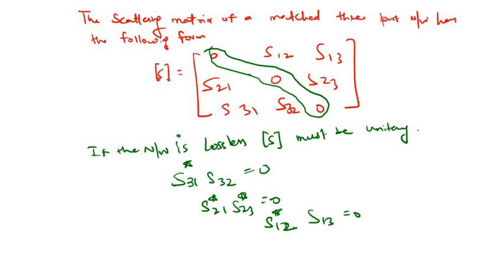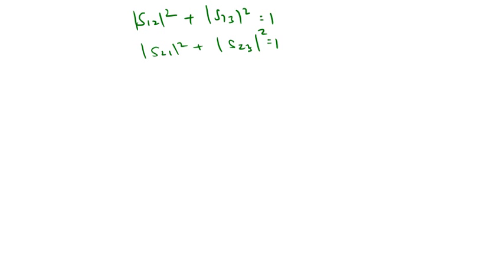These three equations are there, and also we should have modulus of S12 square plus modulus of S13 square equal to 1. Modulus of S21 square plus modulus of S23 square is equal to 1. Modulus of S31 square plus modulus of S32 square is equal to 1.